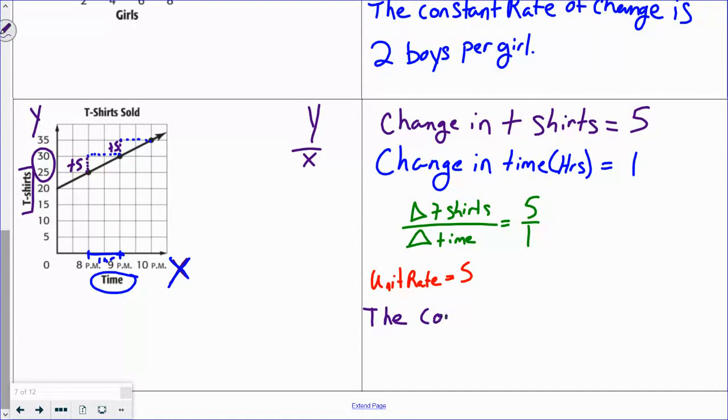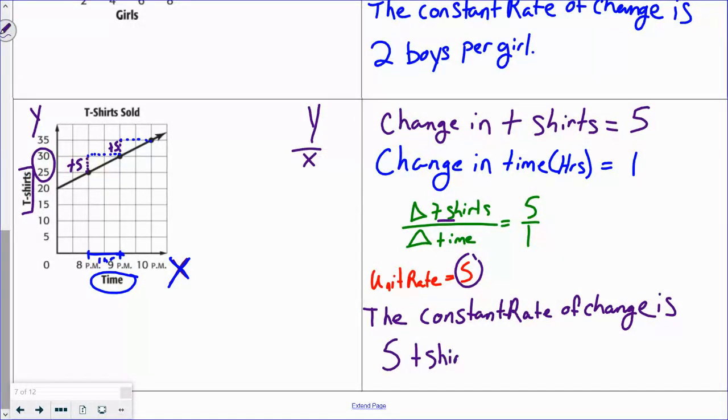The constant rate of change is, our unit rate is where we fill in 5 and then put what is on top first, t-shirts per hour.